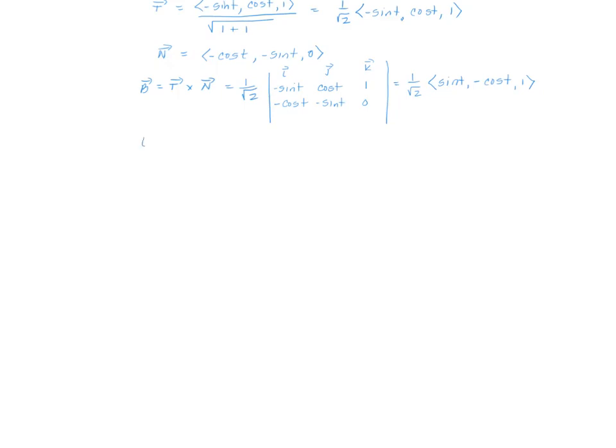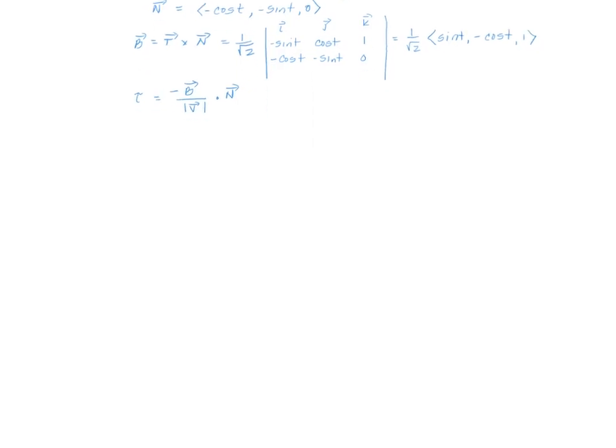To figure out torsion, I can look at that as the negative of the derivative of the binormal vector over the magnitude of the velocity dotted with the normal vector. I could use that formula.